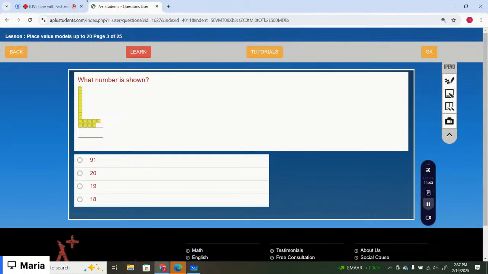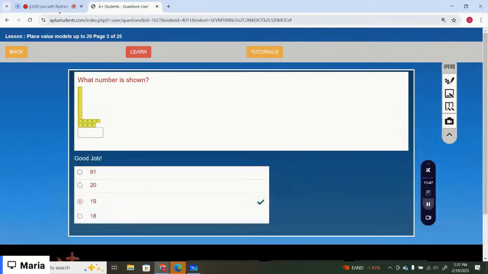That is 1 ten and 9 ones. 19 it is. Option number 3 is the correct option.